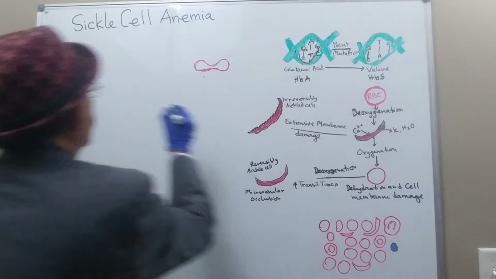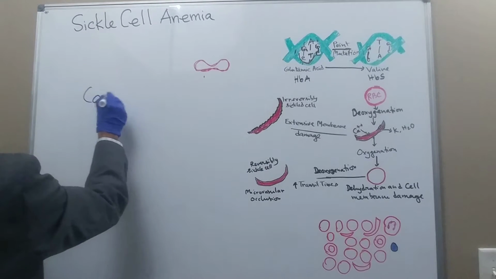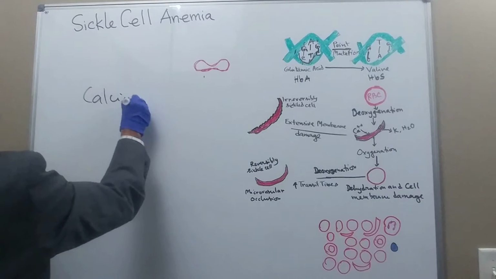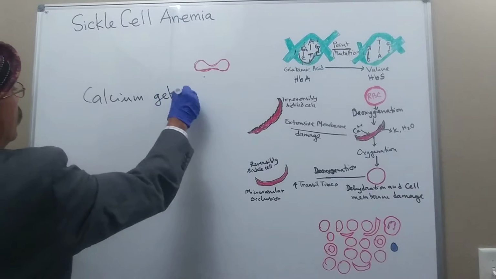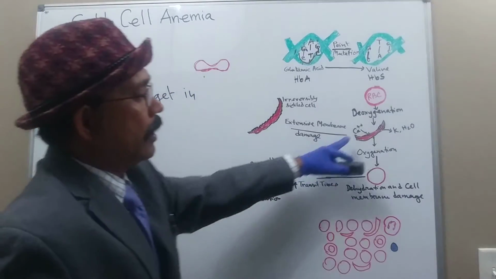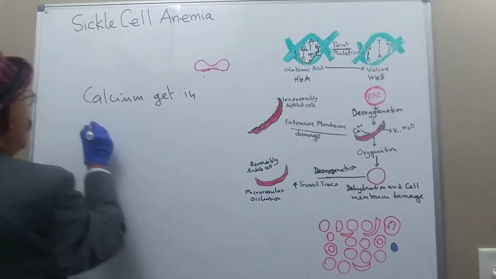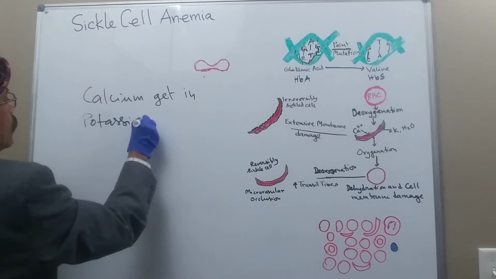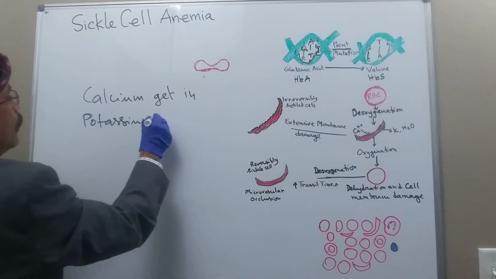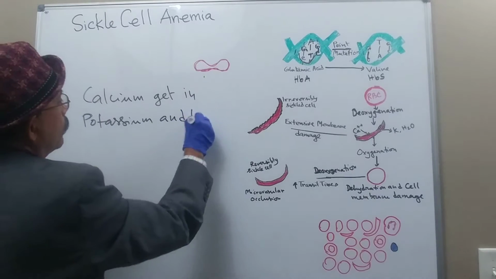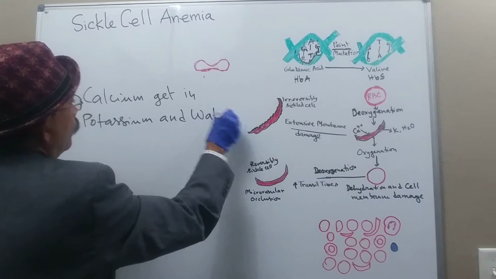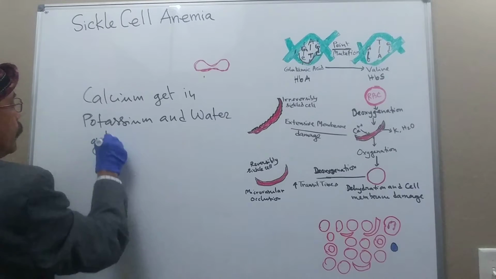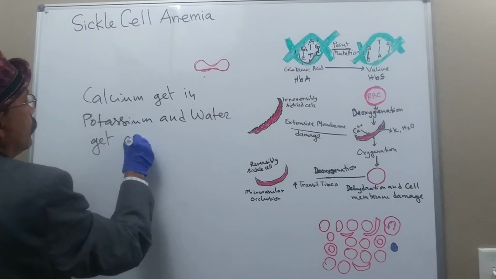Calcium gets in, and potassium and water get out of the RBC.